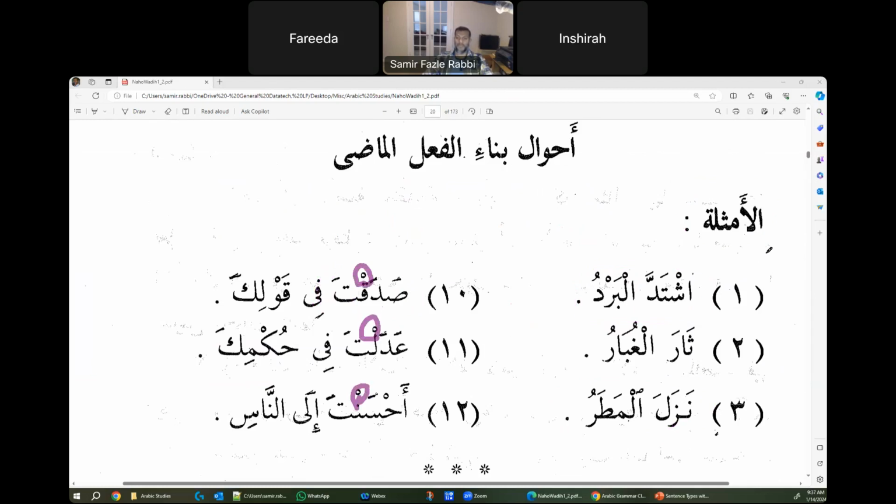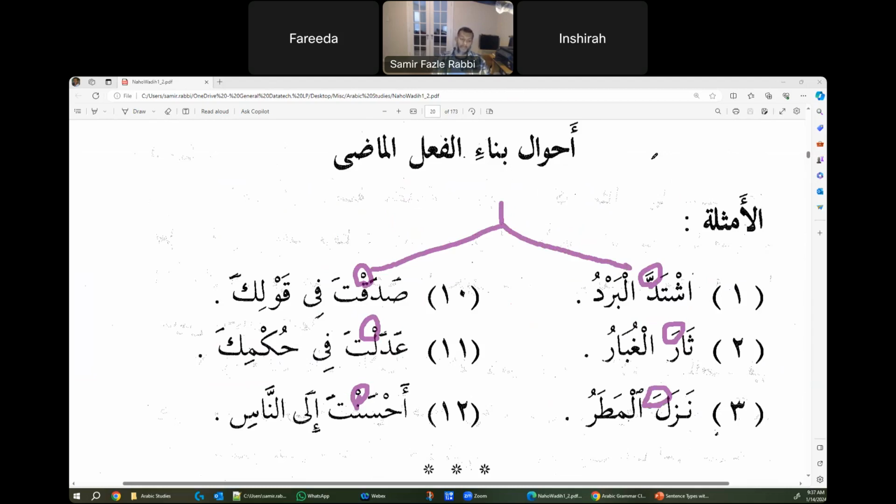These are built on sukun, and these ones are built on fatha. Meaning the ending is built on that particular tashkil, sukun and fatha in these examples. They don't change. Those particular tashkil are fixed.